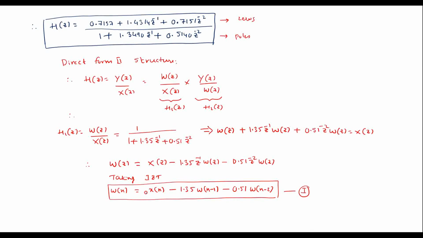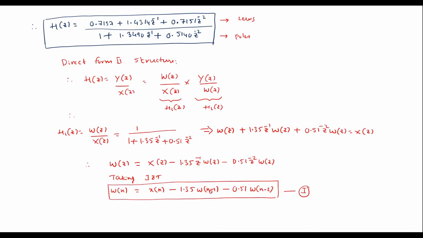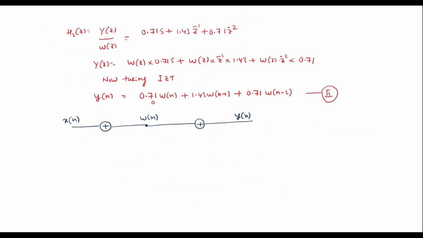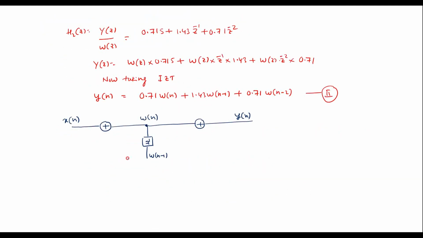From equation 1 we have w(n) is equal to x(n) minus 1.35 w(n minus 1). To get w(n minus 1), we are supposed to pass w(n) through one delay element. So the output of this is w(n minus 1), and it should be multiplied by minus 1.35.